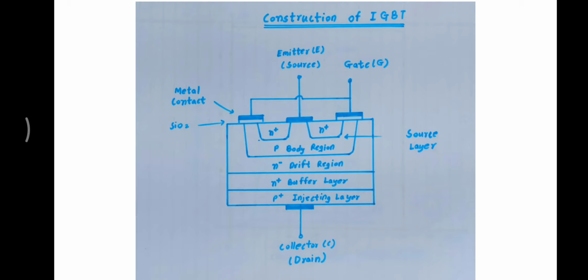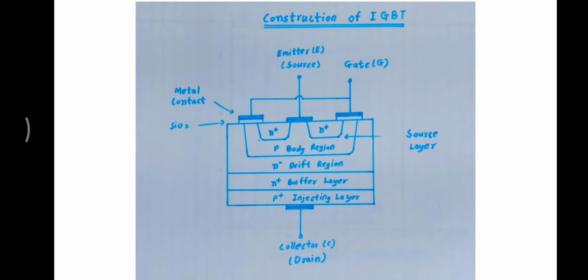The IGBTs with the N plus buffer layer between the P plus drain and the N drift region are termed punch-through IGBTs, whereas IGBTs without the buffer layer are termed non-punch-through, or NPT, IGBTs.